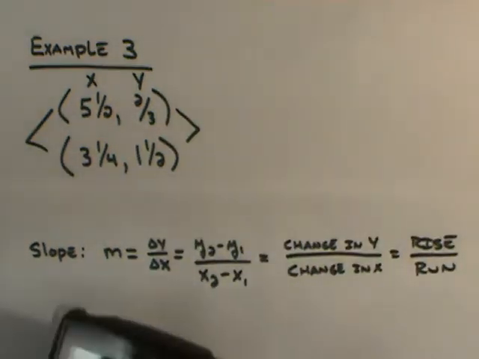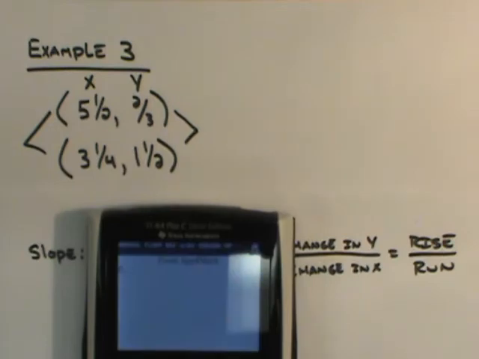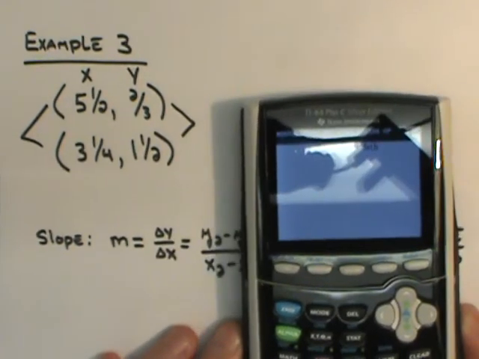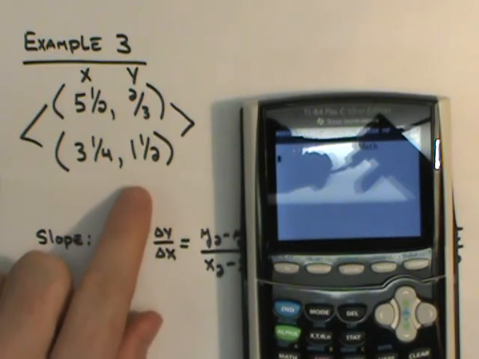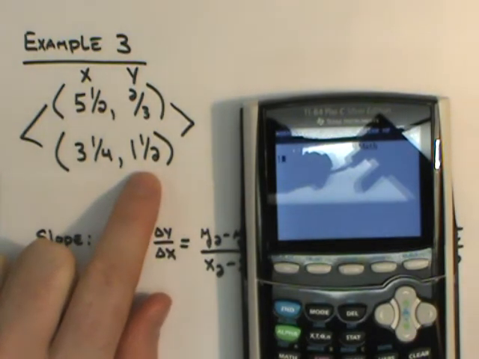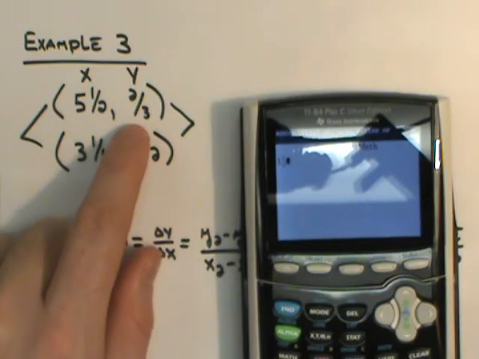If I'm going to plug that into a calculator, and that is my intention, I'm going to turn my calculator on here. I am using a graphing calculator, but it's going to be the same concept with your scientific calculator. I would type in 1 and 1/2, and then I need to go minus 2/3.